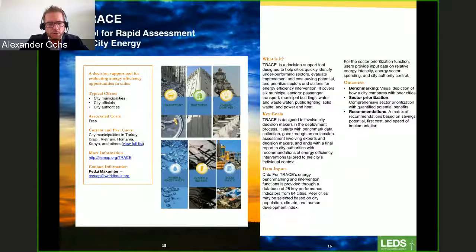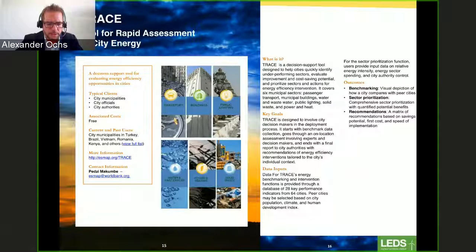It's a decision support tool that helps city planners to identify underperforming sectors from an energy perspective, and to evaluate the potential for a number of different indicators, most importantly, the cost saving potential. So it helps city decision makers then to prioritize sectors and actions for energy efficiency intervention.